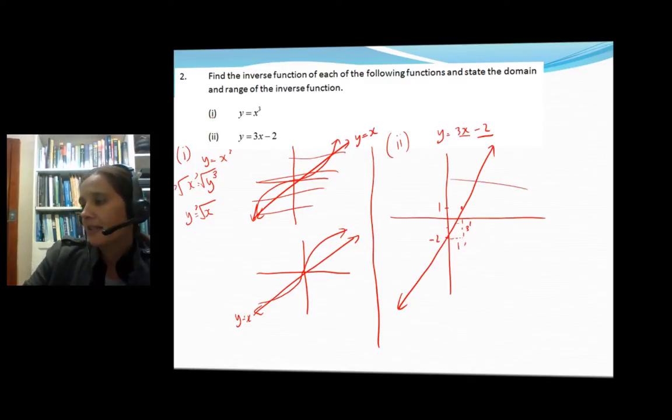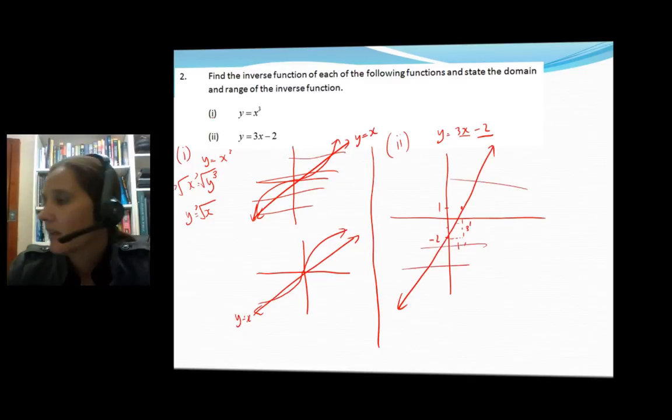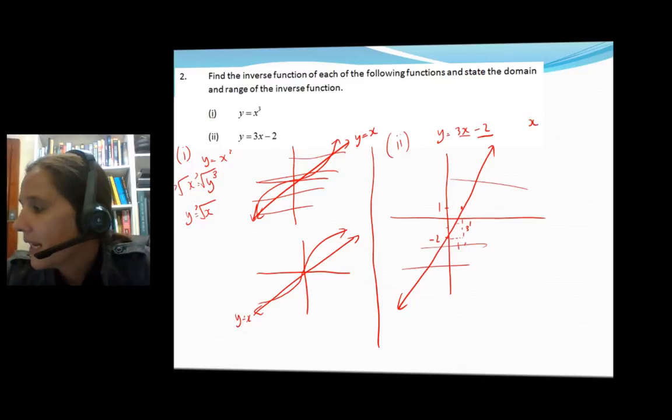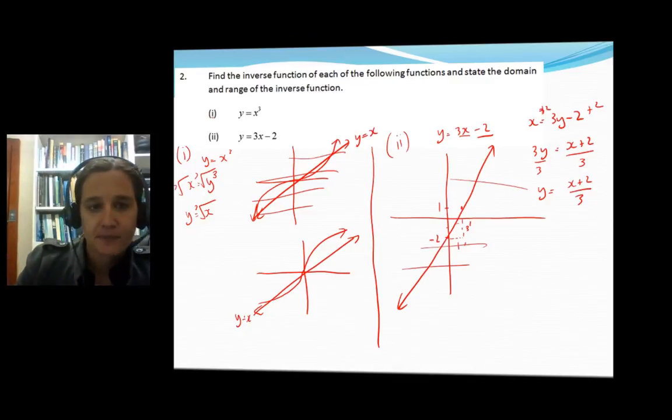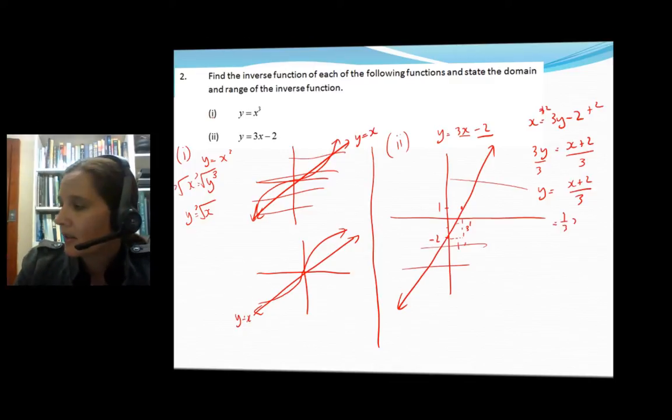So this one passes our horizontal line test, and if we put our inverse in, we get x is equal to 3y minus 2. We add 2: 3y is equal to x plus 2. Here we divide by 3, y is equal to (x plus 2) on 3, or we could write this as 1/3 x plus 2/3.